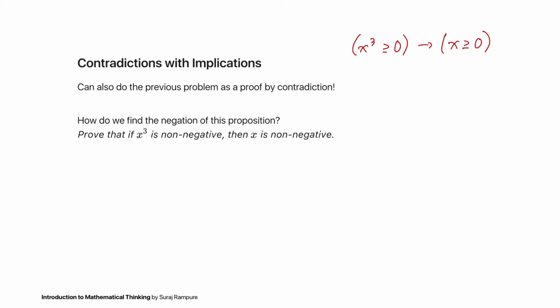Remember, when we're trying to show that an implication holds true, all we're doing is showing that this implication has a true value. What we want to do is show that for any combination of x's, this has a true value. So when we take the negation of it, we're going to assume that this is never true. So let's try and come up with a proof by contradiction of this implication.